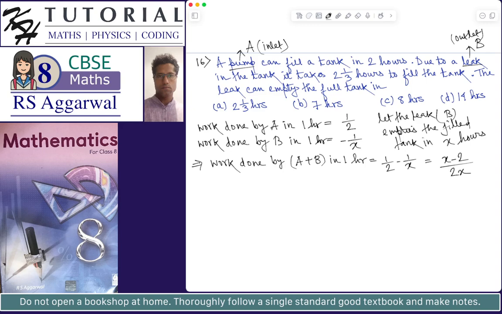This can be written in the form of 1 by n. We can express (x minus 2) divided by 2x as 1 by (2x by (x minus 2)). So we know that the work done by A plus B in 1 hour is 1 by (2x by (x minus 2)).